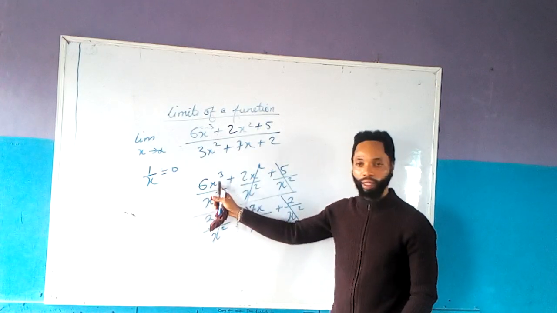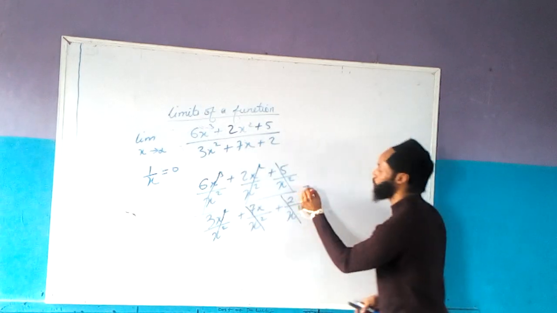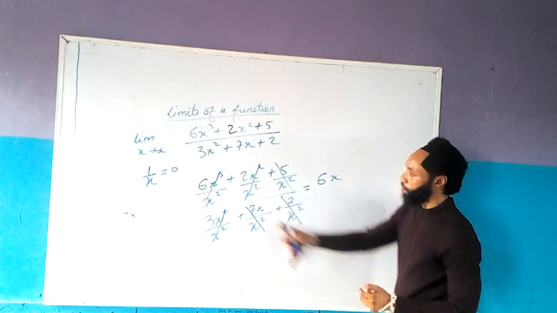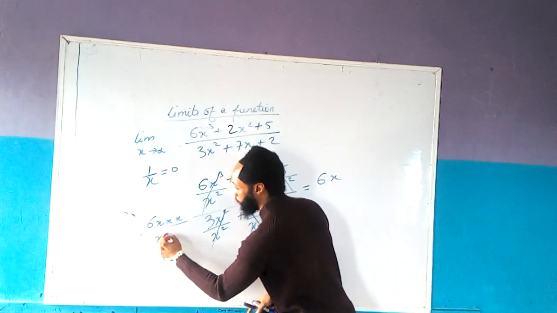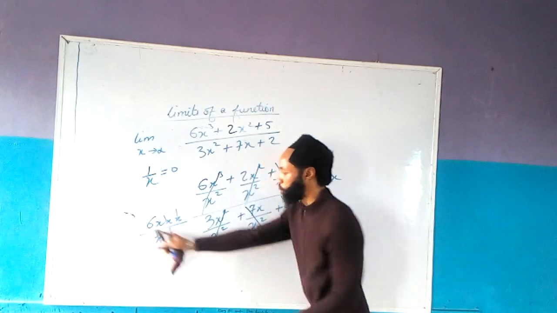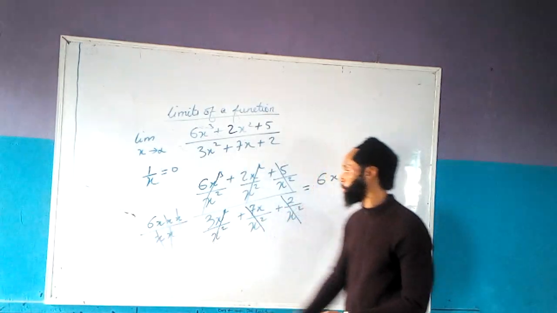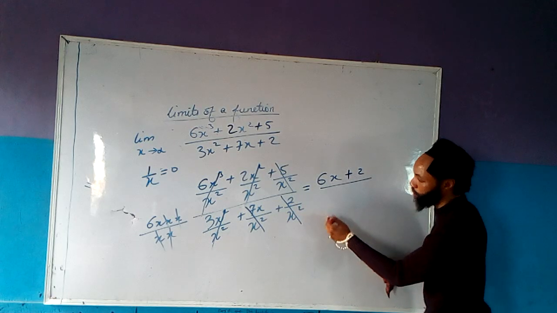And here what are we going to have? 6x. Good. We're going to have a 6x here. Remember, this is 6x cubed all over x squared. Are you with me? If this cancels out, we're left with 6x. That's how we got the 6x. So we have 6x plus 2 all over 3.